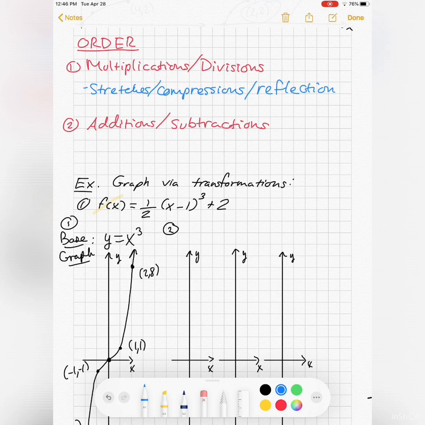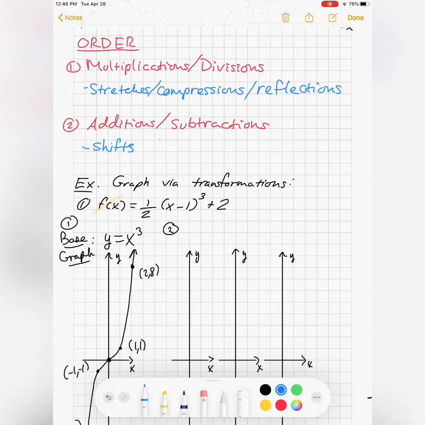So if I have several multiplications and divisions, like a stretch and a reflection, then it doesn't matter which order I do those in, because 2 times 3 is the same as 3 times 2, right? Okay, but I have to remember that additions and subtractions come after multiplications and divisions. So additions and subtractions correspond with shifts.